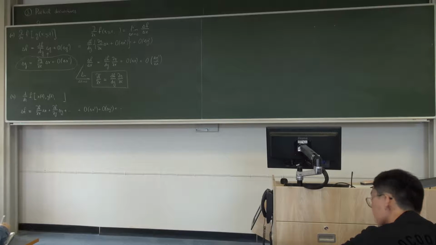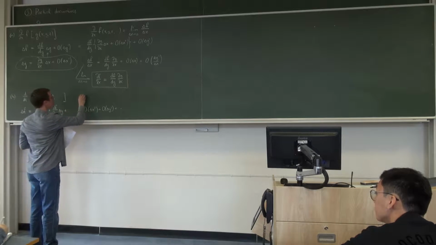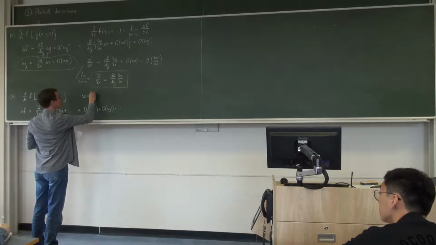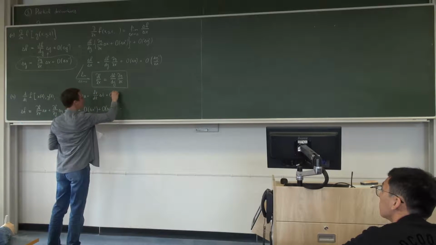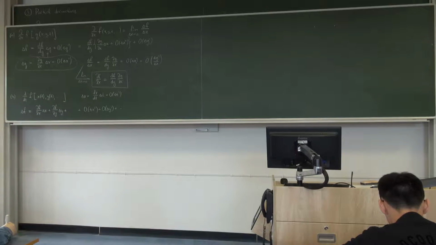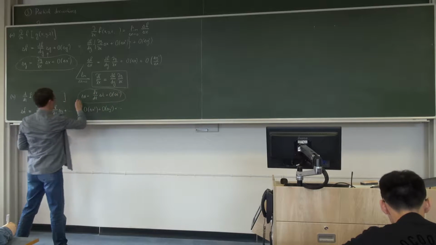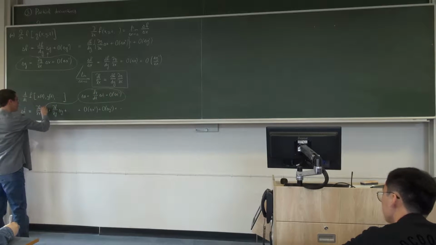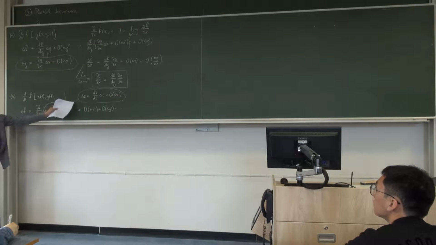But x and y themselves also depend on time. So then delta x is dx by dt delta t plus order delta t squared. And likewise for the y variable. So we take this and we substitute it here, and we also substitute its brother for y, and we continue this expression.